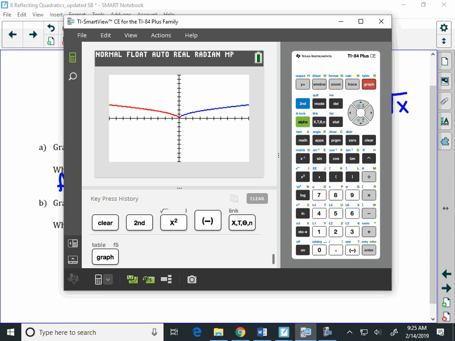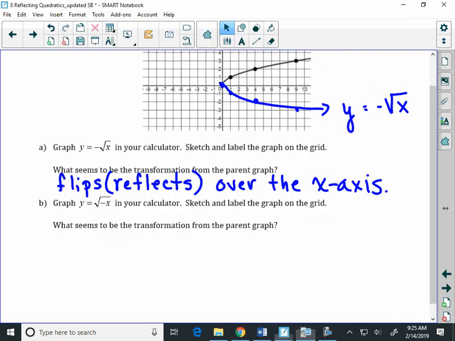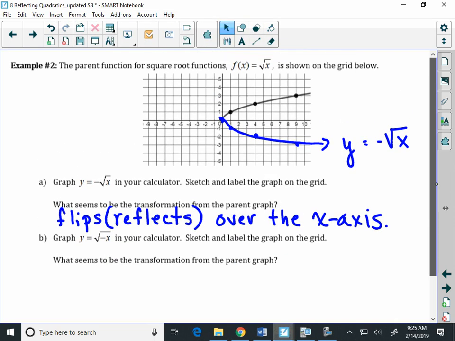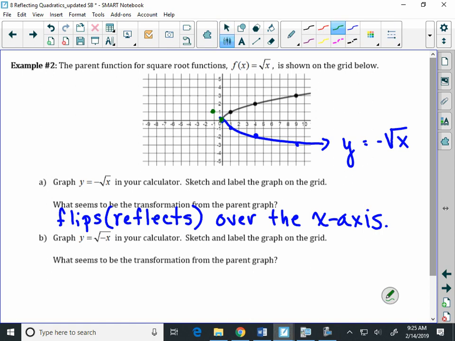In this particular case, we're going to have the points still (0, 0), (-1, 1), (-4, 2), (-9, 3). That's the picture on your graph, and this is y equals the square root of negative x.